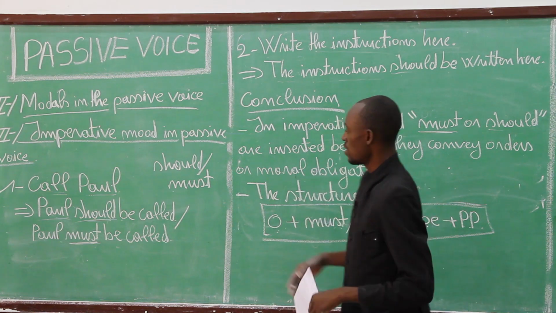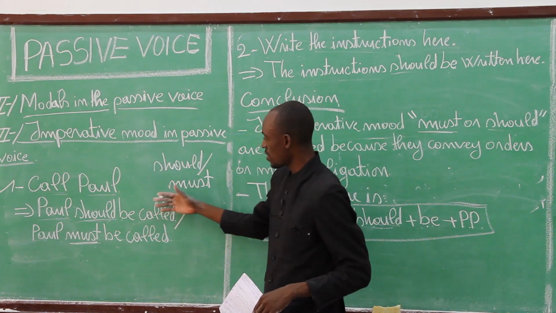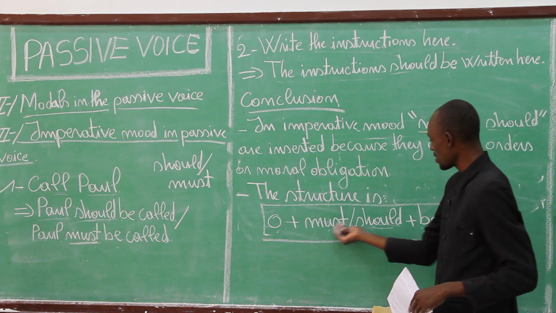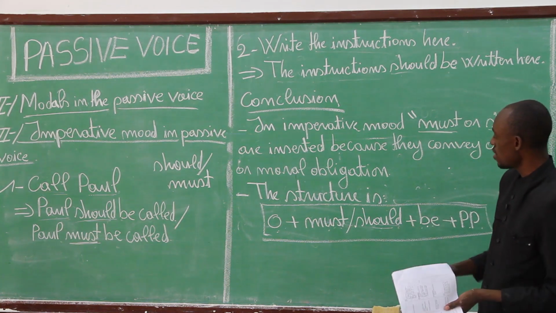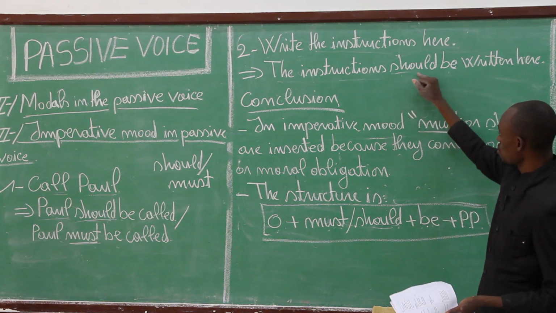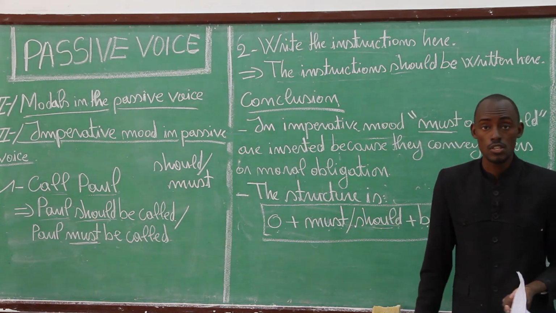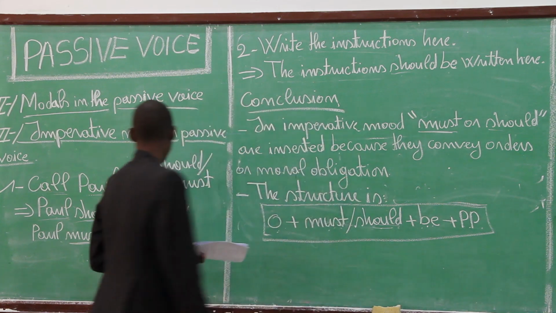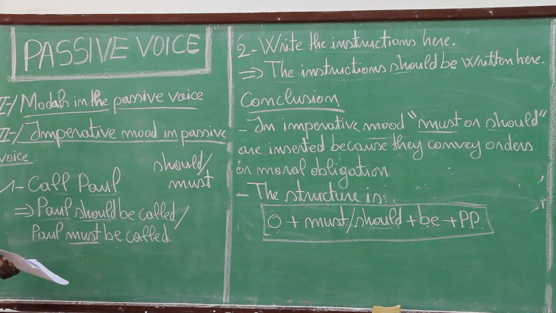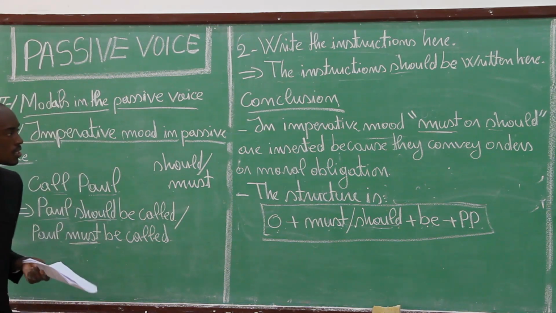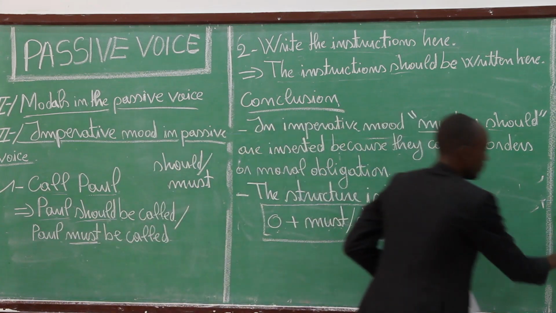When we talk about the use of must or should, instead of should you can put must here, or you can use should. This is imperative mood in a passive voice. You can take notes.